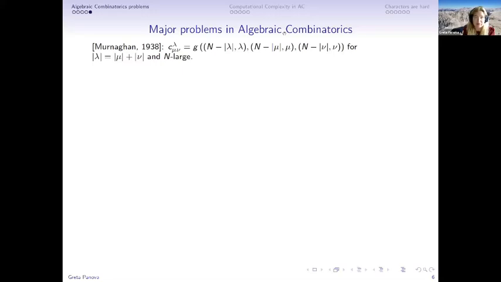So Murnaghan defined the Kronecker coefficients in 1938. Actually, the Littlewood-Richardson coefficients were defined before that. And what he noticed is that for some special cases of partitions, the ones that have long first rows and the second parts add up, so you have this equation, then the Kronecker coefficient is actually equal to the Littlewood-Richardson.